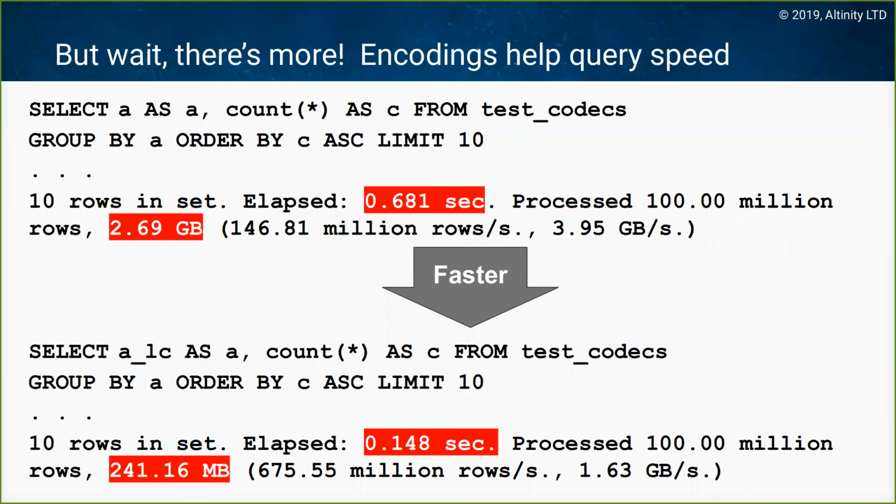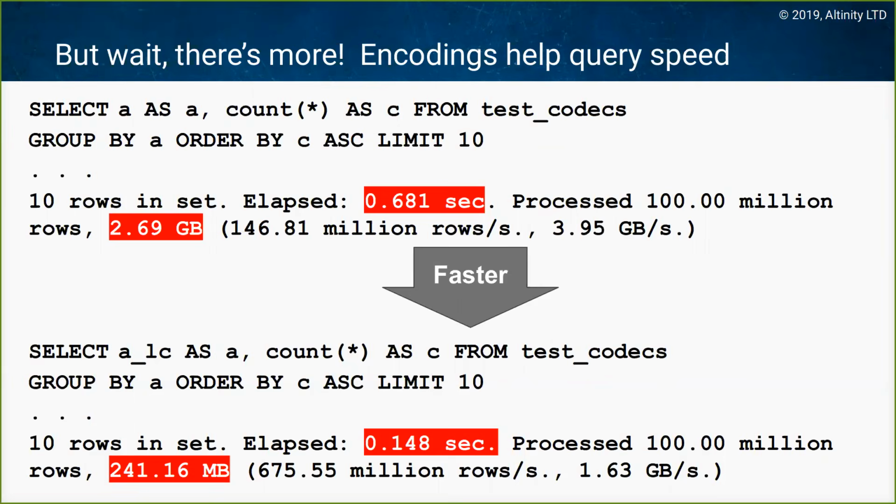If we do that same query on the column that was specially encoded using the low cardinality type, we get a much faster query. And the reason for this is the query can largely operate on integers, which are much smaller than the strings. So there's just less data flowing across the CPU as we're processing the query and doing I/O.